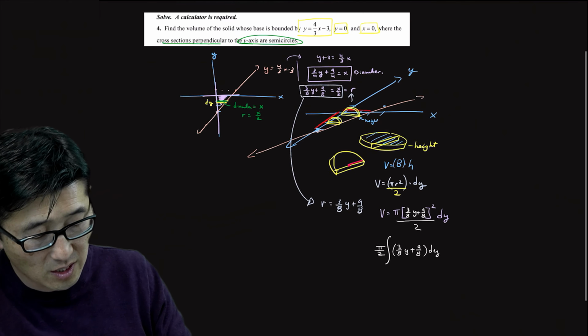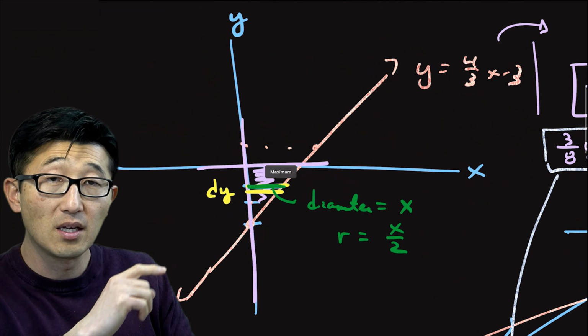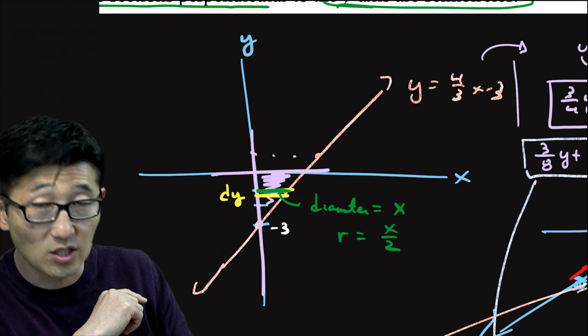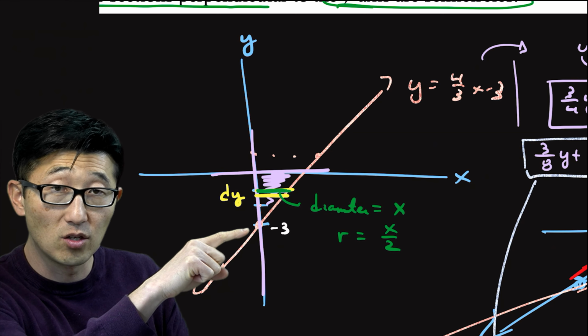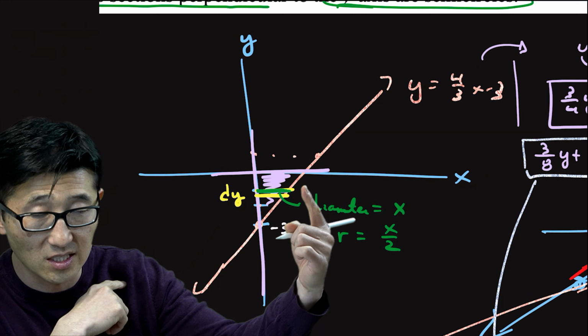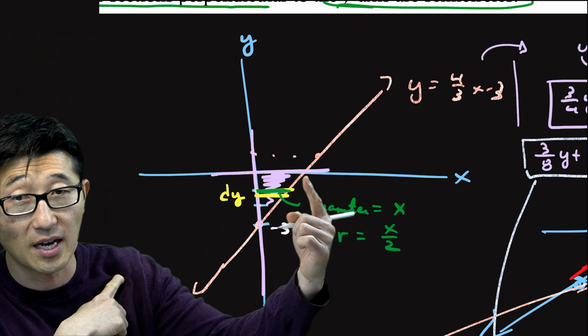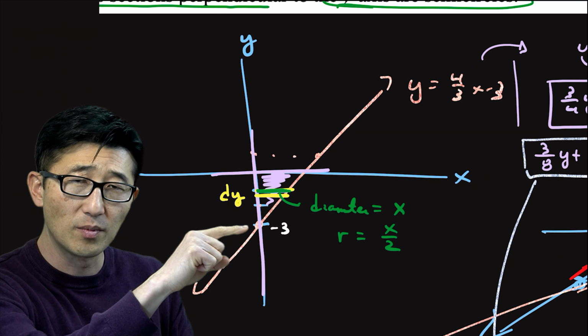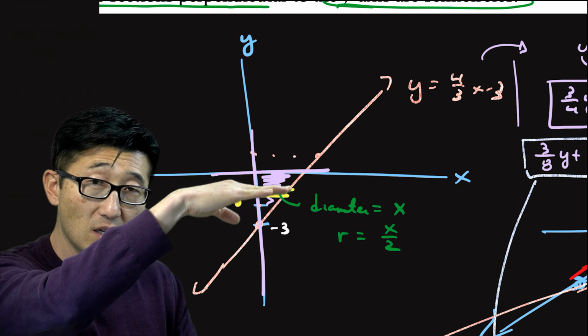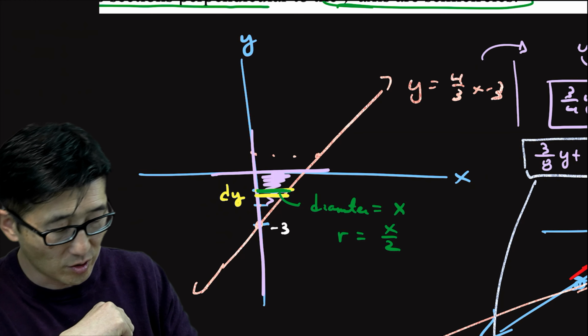Well, this one's easy because we're going up the y-axis, and this region right here starts at -3 because that's your y-intercept of this line, and you just go all the way up until you hit 0. Now don't look at this. This is your x-intercept. We don't need that. We're cutting the semicircles this way all the way up to y equals 0.